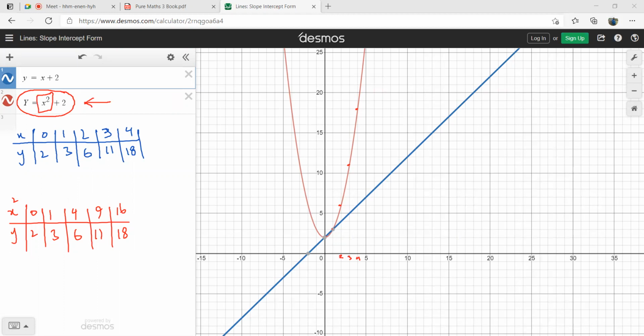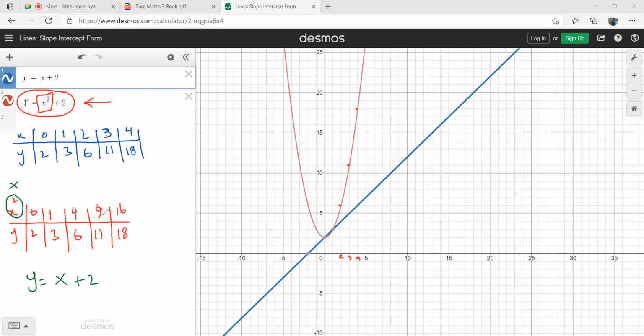Now this x squared is basically going to be my capital X, and the equation of the line that I will have will be y equal to X plus 2. Now look at this. 0 squared is 0, 1 squared is 1, 2 squared is 4, 3 squared is 9, and 4 squared is 16.